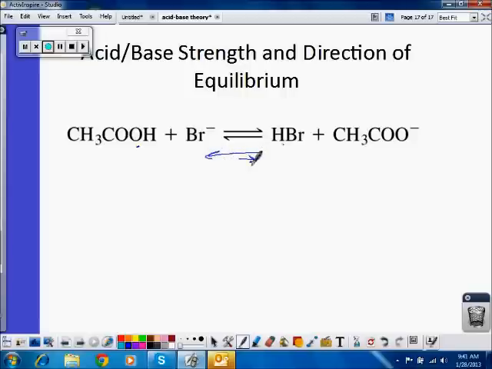Likewise, acetate is a stronger base than bromide ions. So again, I would predict that the equilibrium would lie to the reactant side, that if I mixed these two things together, they would pretty much stay like that. If I mix HBr and acetate, it's going to pretty much go from that direction to that direction.